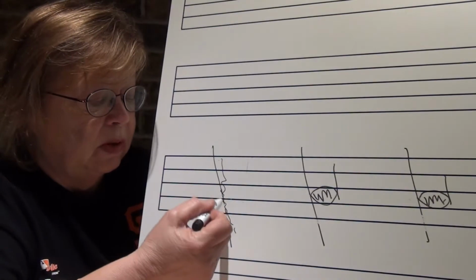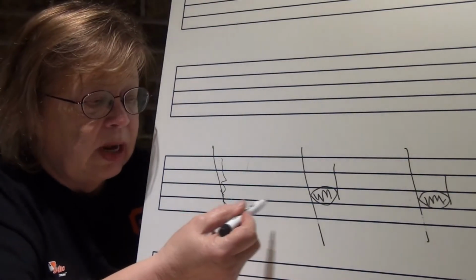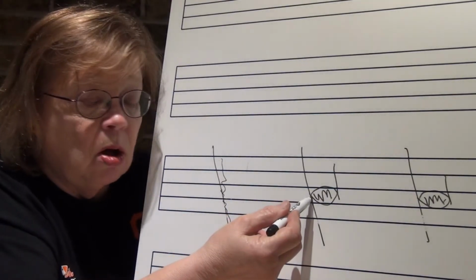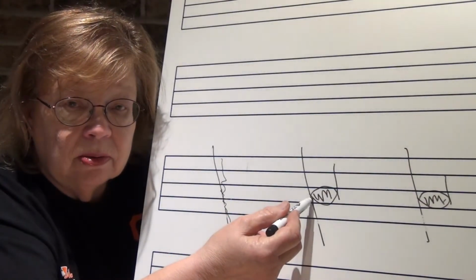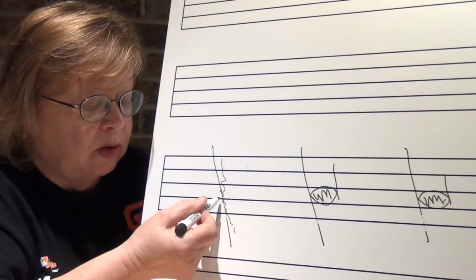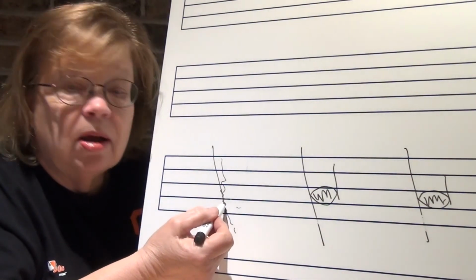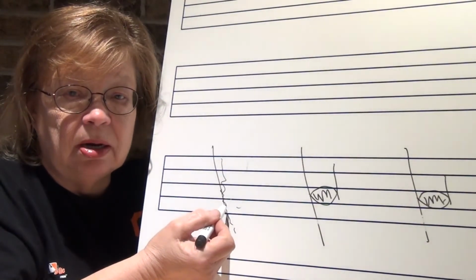In other words, when the rest comes, you can't start your quarter note here. You have to wait all the way to here. You can't start the rest before the beat. You have to start the rest precisely on the beat.